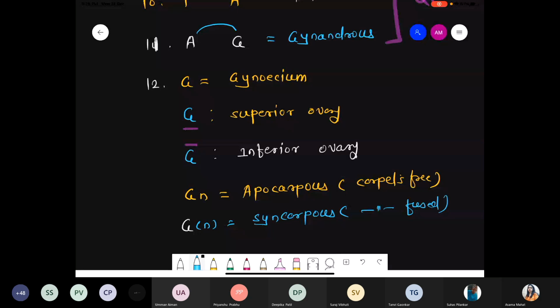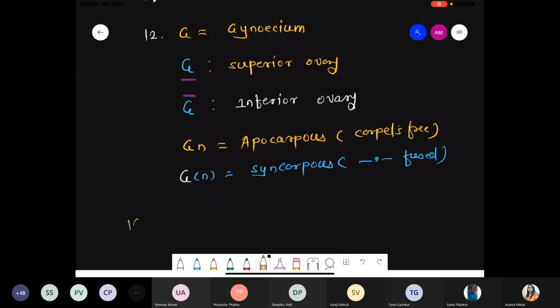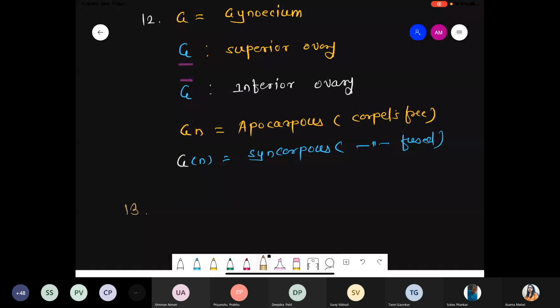Okay. And the last symbol we will see in the diagrammatic representation. If there is a dark dot like this, we'll see that part in the diagram. If a dark dot is present, such a condition represents the posterior side of the flower.